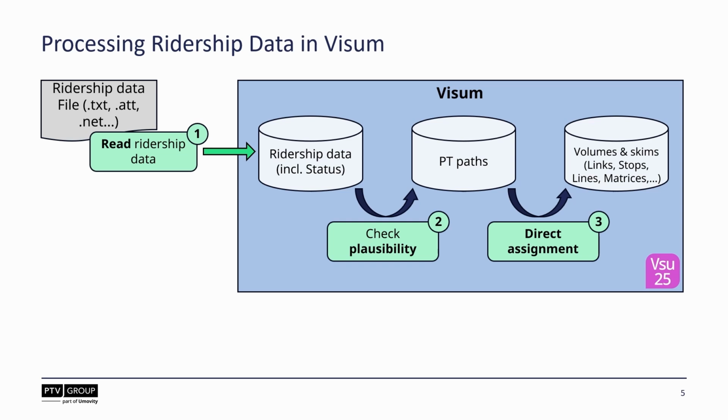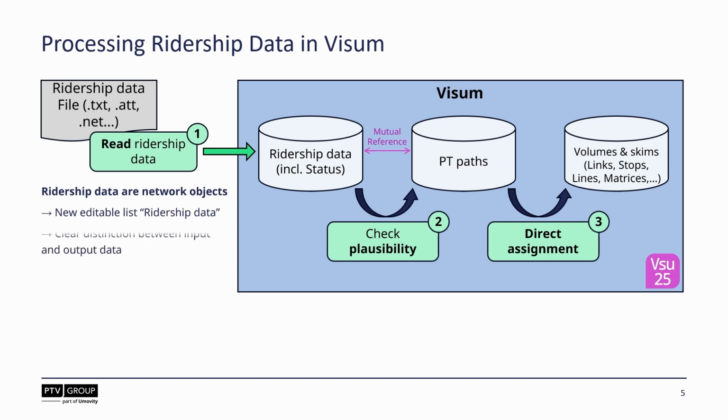It is also important to mention that there is a mutual relation between the ridership data and the generated paths, which means they can reference one another. Some of the benefits of ridership data being network objects in Visum are that there is now a new editable list called ridership data and a clear distinction between input and output data.